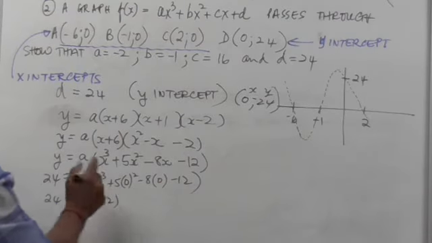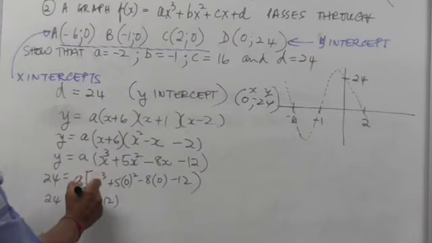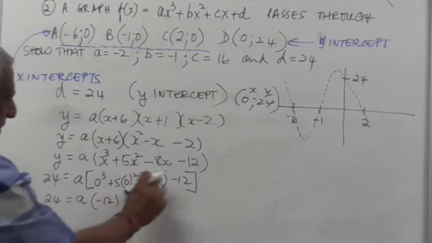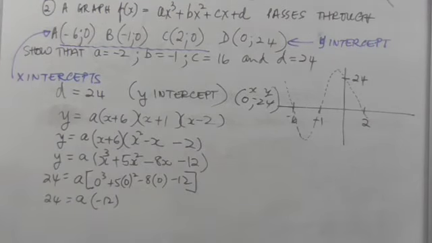When you put this in the calculator, you'll get minus 12. So minus 12a is equal to 24, a is equal to 24 divided by minus 12. A is equal to minus 2. So we have now solved for a. Right, so we got the a, we got the d.